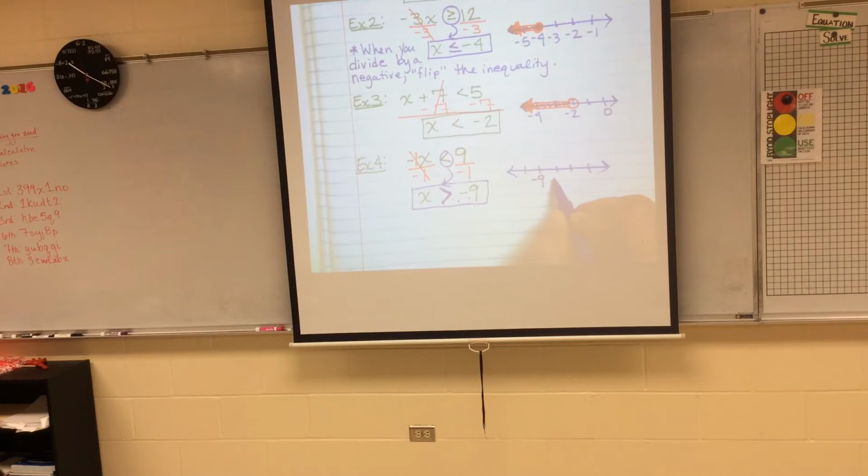So negative 9, negative 8, negative 7, negative 6, negative 10. All right, so I'm going to put an open circle or closed circle at negative 9. Open, because it's not "or equal to," right? It says x is greater than negative 9. So are we going to shade to the left or to the right? To the right. You got it.